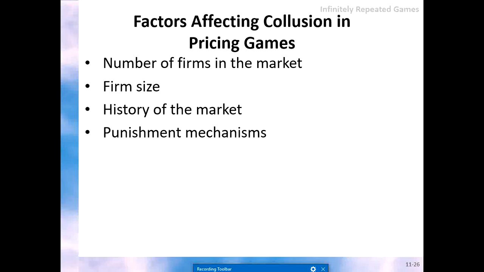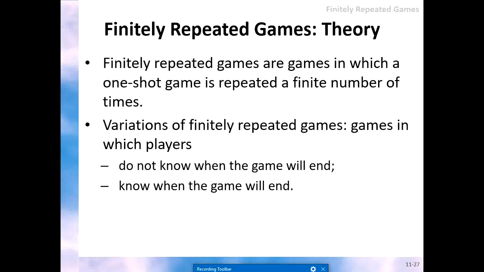And also, you should know the history of the market, who the competitors are, who the customers are, and you must know the punishment mechanism, in what way you are going to punish, what tools you are going to use: by stealing their customers, by reducing prices, by enhancing quality, by inventing a new product.